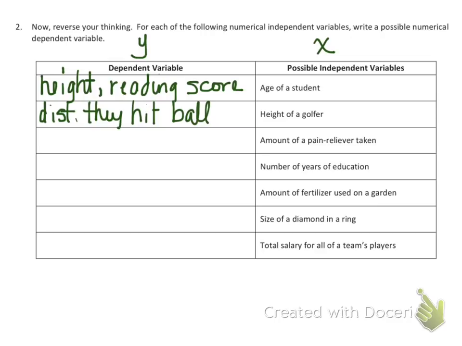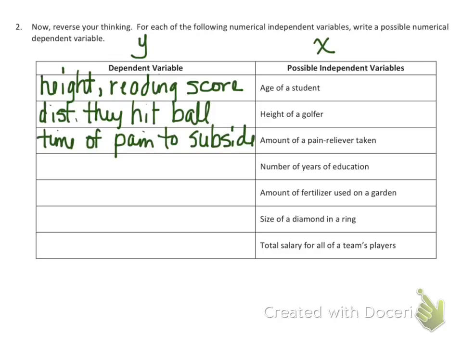All right, amount of pain reliever taken. Maybe it could be the time for the pain to subside. Okay, although I wouldn't recommend taking more than the dosage amount.